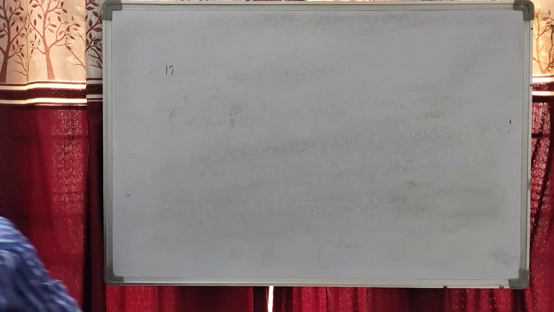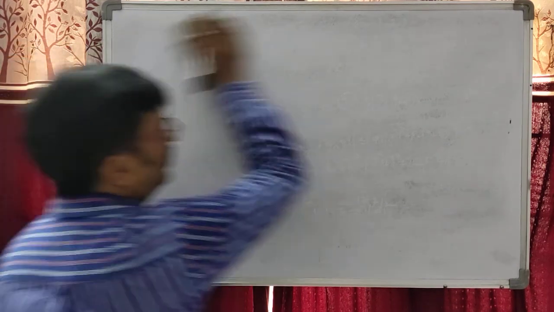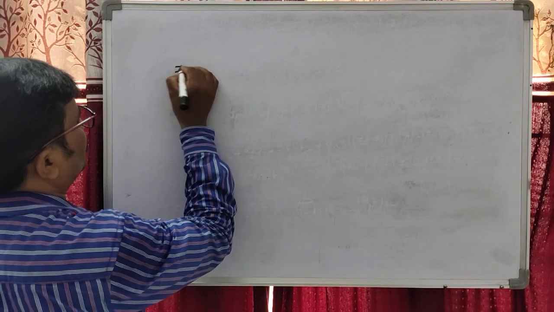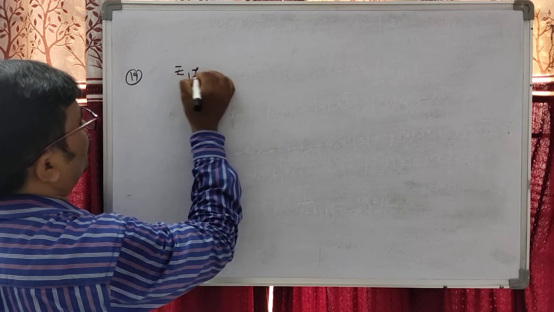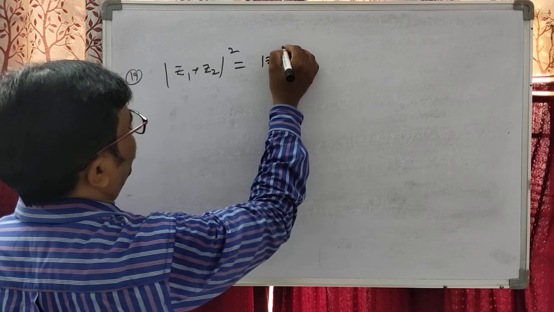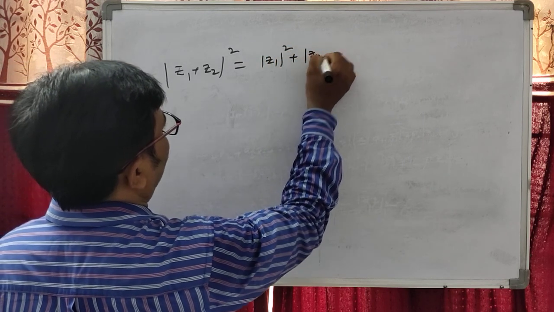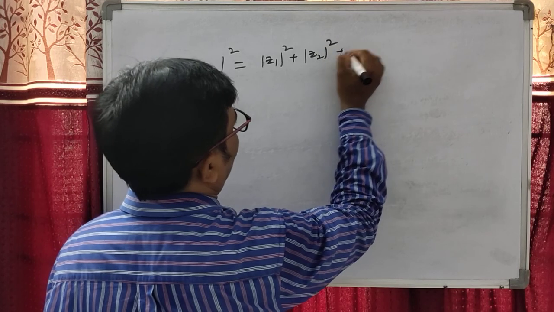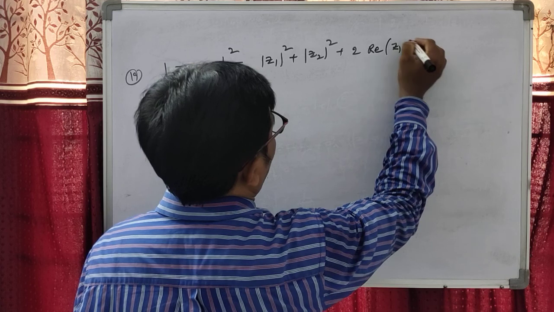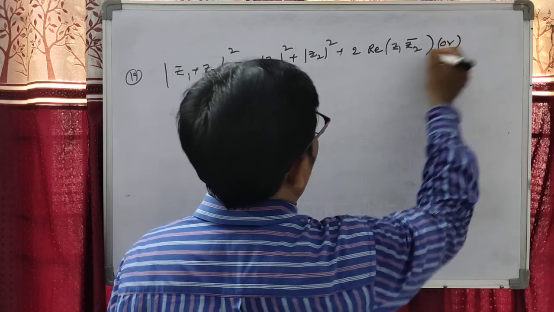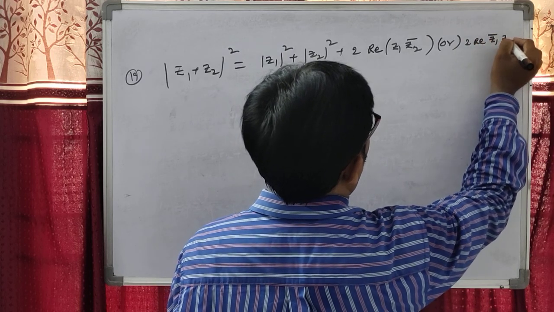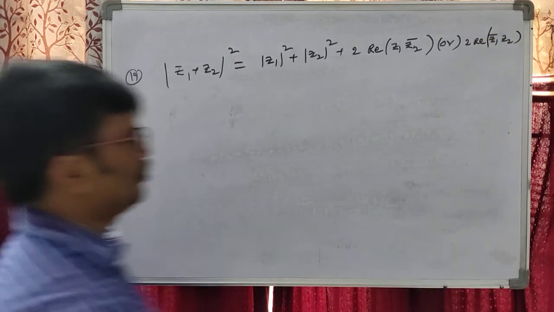The modulus of z1 plus z2 whole square equals mod z1 square plus mod z2 square plus 2 into real part of z1 into z2 bar, or this is 2 into real part of z1 bar into z2. This is the formula, students.